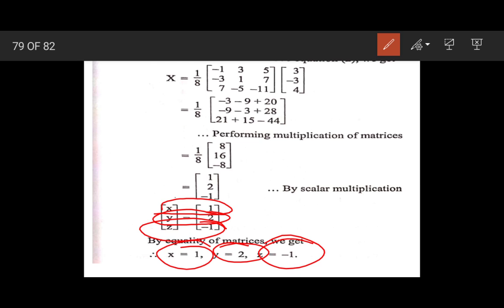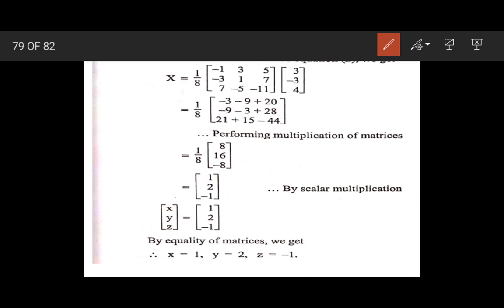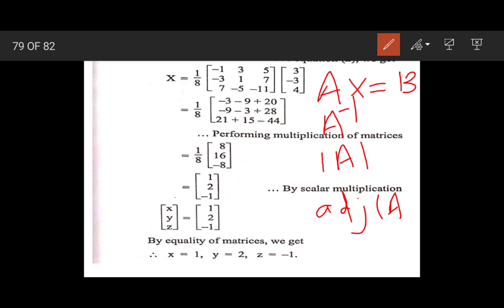Okay. Clear? So for a 3 by 3 matrix, same rule. For 3 variables, 3 equations, same rule. The rule is: first write the equation in matrix form, AX equal to B form, right? Then find A inverse, right? To find A inverse, first find the determinant of A, then find the adjoint of A, right?